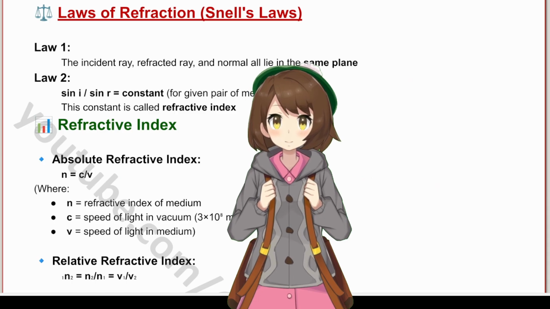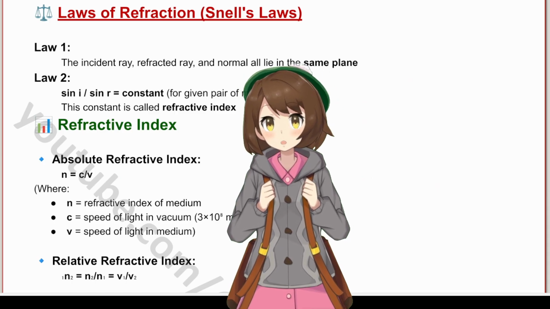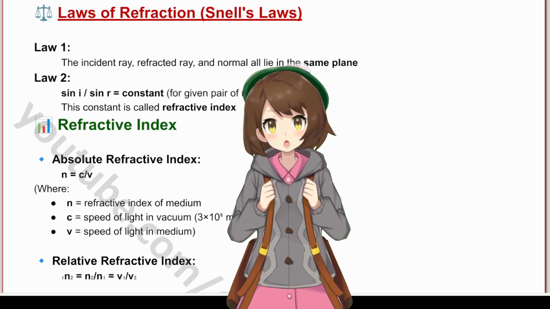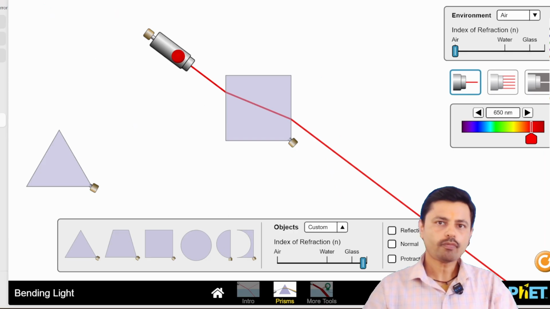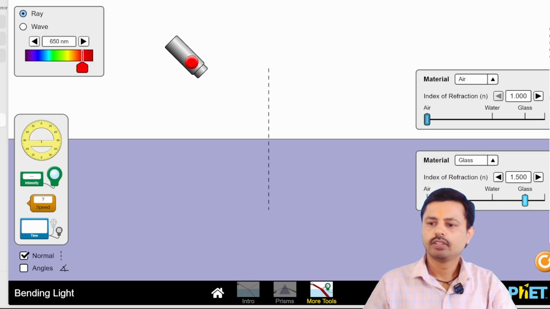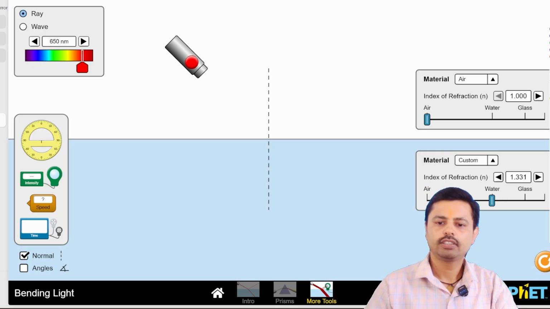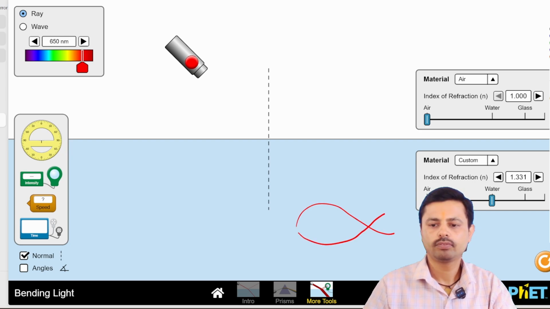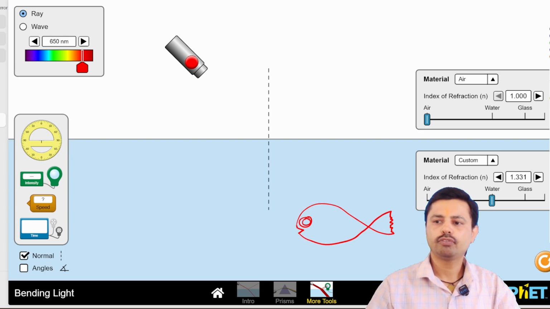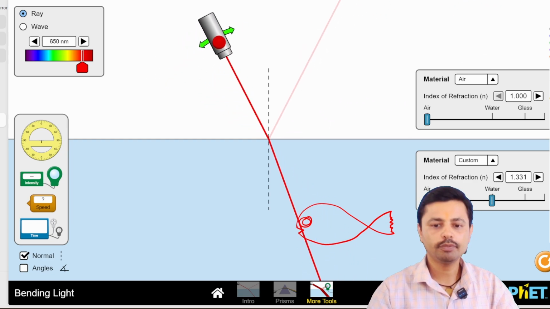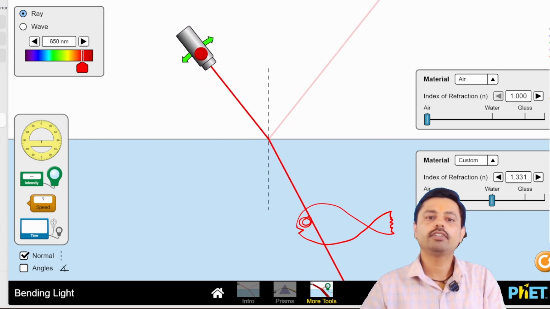Sir, my friend told me that when light bends in water, it's actually breaking the laws of physics. But then, how do fish see us? Okay, it's very simple. Let's say this is water, and there's a fish. If our position is there, observe, the fish can see us, but the fish will see us at a different angle.